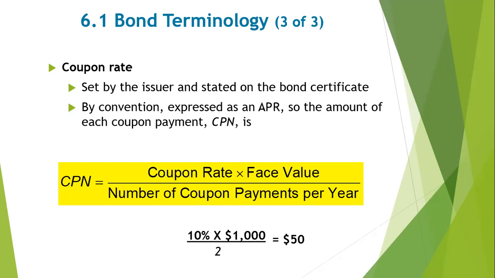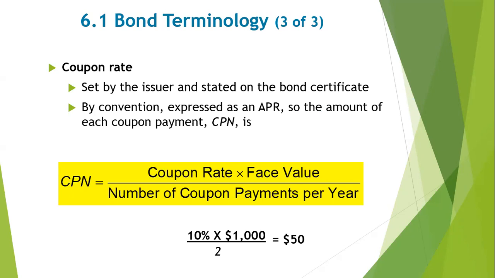Now, as a convention, the coupon rate is expressed as an APR, which is annual percentage rate, and the calculation of each coupon payment is denoted as what you see here in yellow, CPN. And that is determined by the coupon rate.